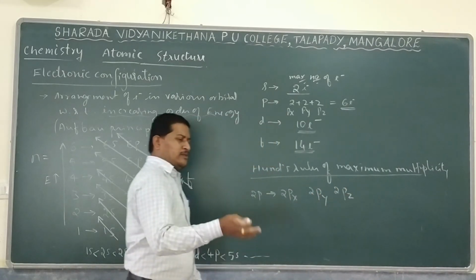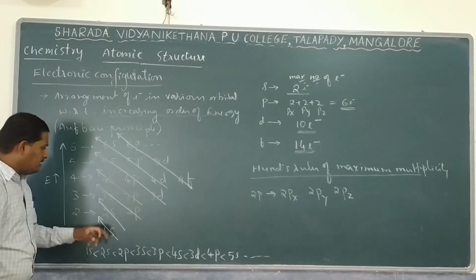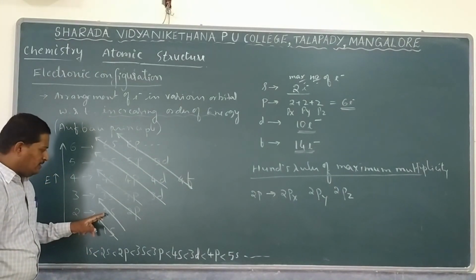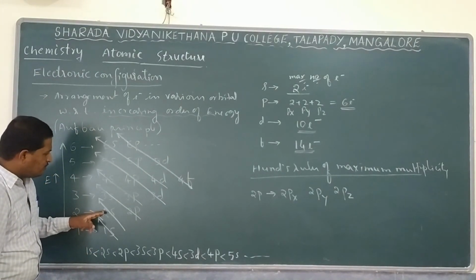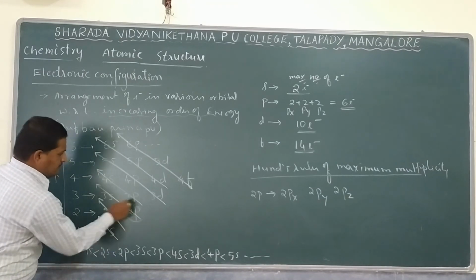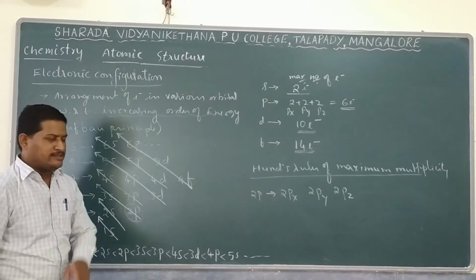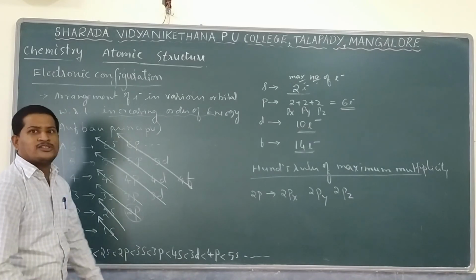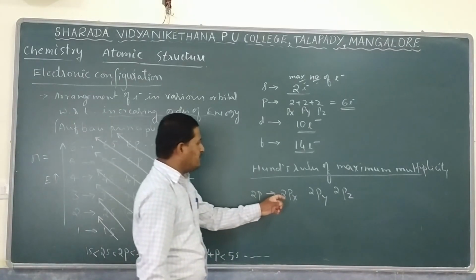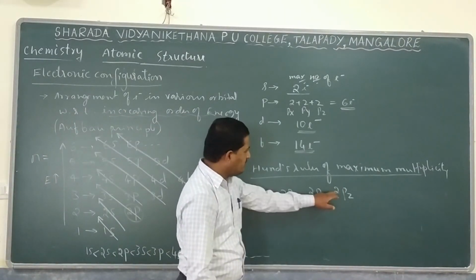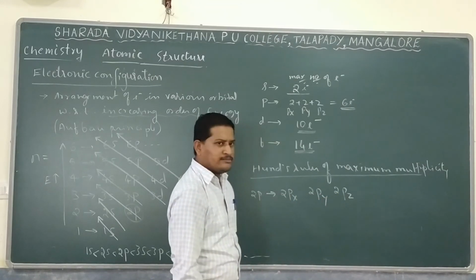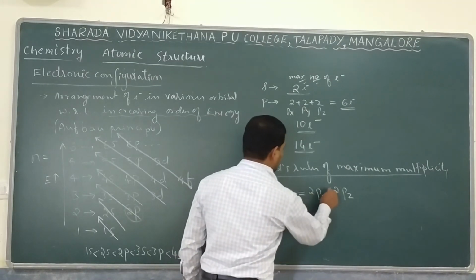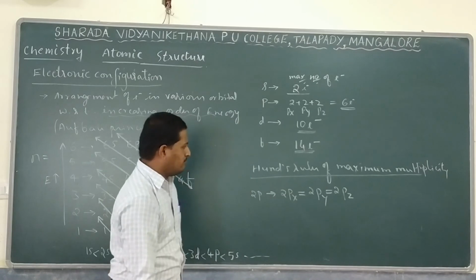After filling electrons in the 1s orbital, the next electron goes to 2s, and after filling 2s, the next goes to 2p. But in 2p, 3 orbitals are there, px, py, pz. Now the question is, which orbital does the first electron occupy, 2pz, 2py or 2px? Remember, these orbitals have the same energy.